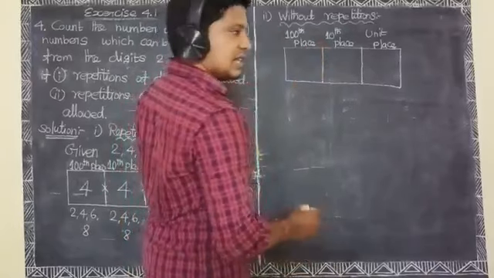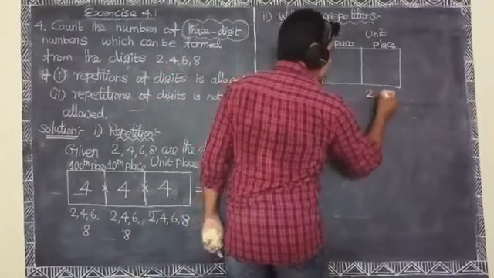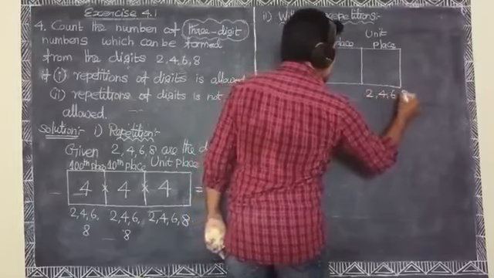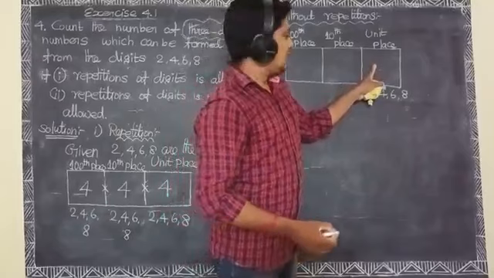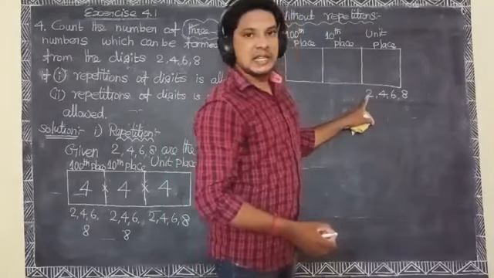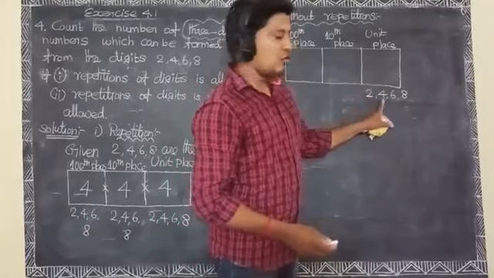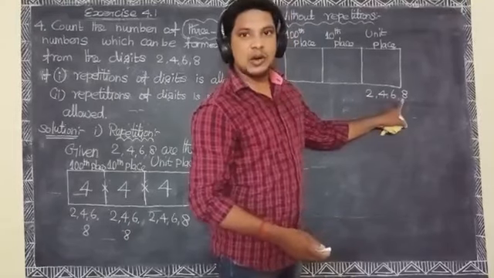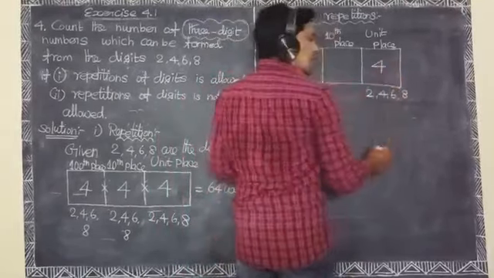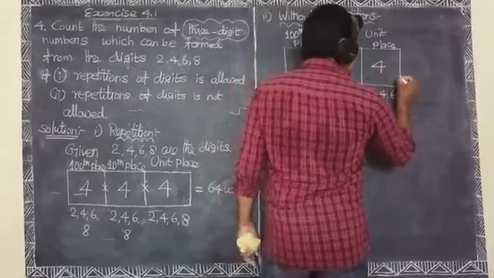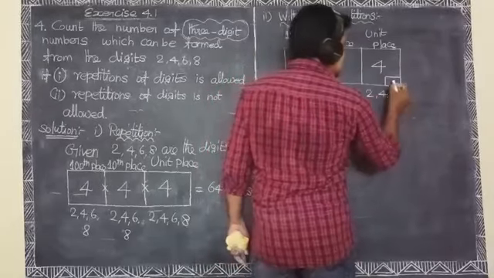The given digits are 2, 4, 6, 8. In the unit place, the digit can be 2 or 4 or 6 or 8, so 4 ways. Assume the unit place digit is 8.